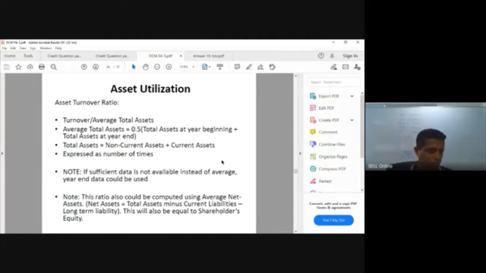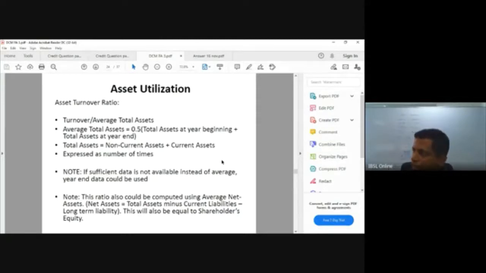But in the case of company B, they have only generated 400 million of sales. Both companies had 100 million assets each, but company A generated 600 million sales and company B only 400 million sales.